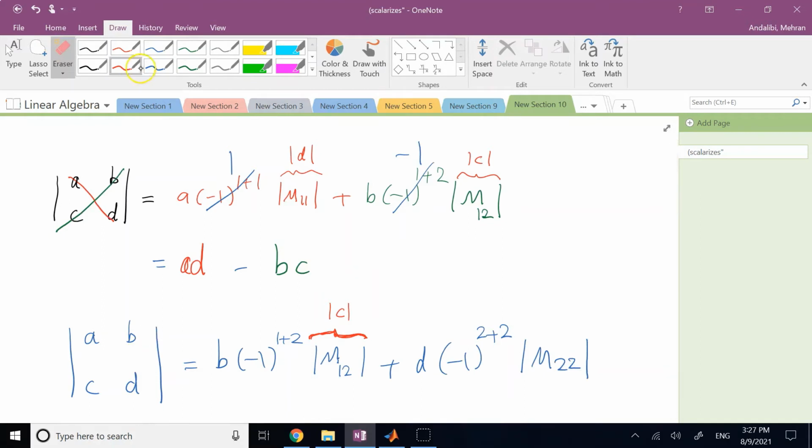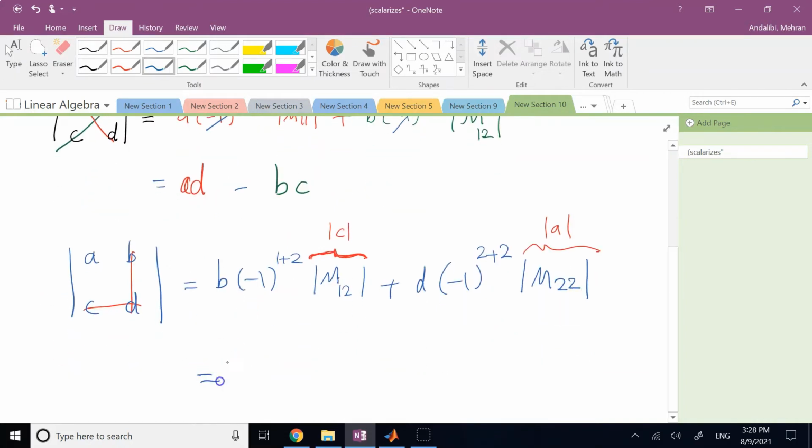And if you do that, that means A, correct? So if we do it, what do we get? Again, this is -1, this is +1, so it is going to be -BC plus D times A.